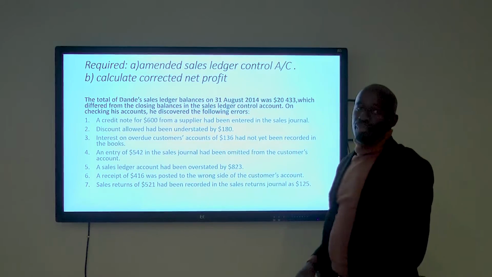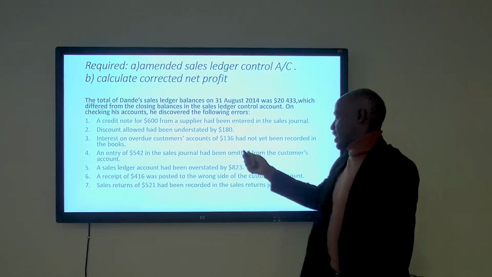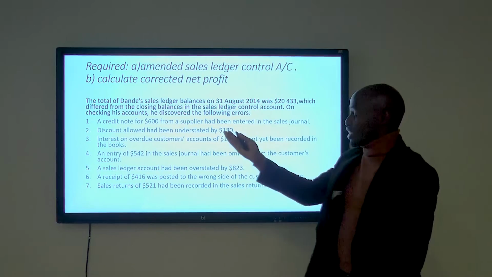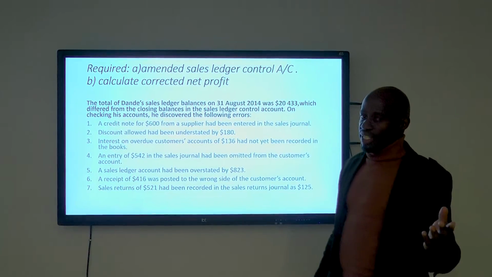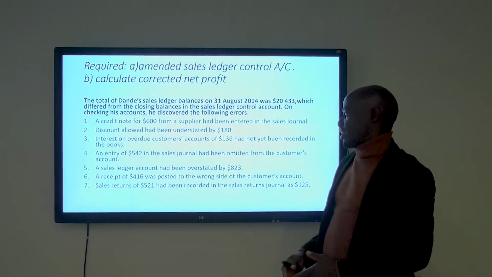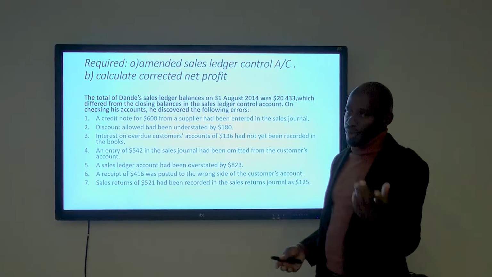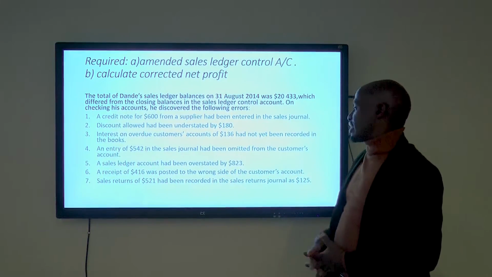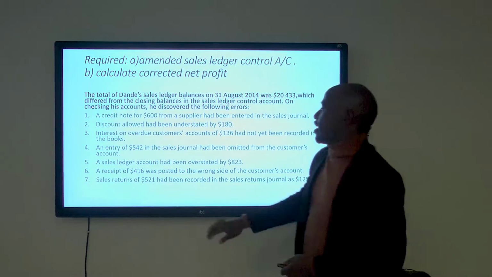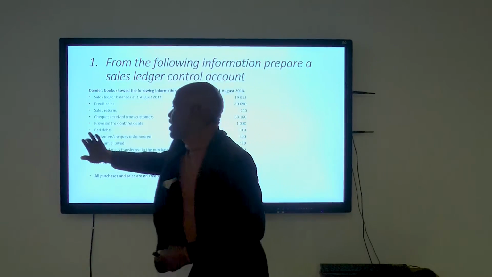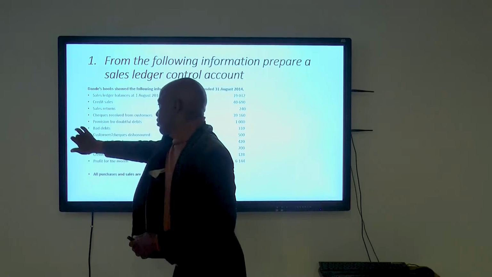Error number 3. Interest on overdue customers accounts, 136, had not yet been recorded in the books. Remember we said interest is income which we are receiving from our customer. Hence it has to increase our profits. So we need to add our interest there.